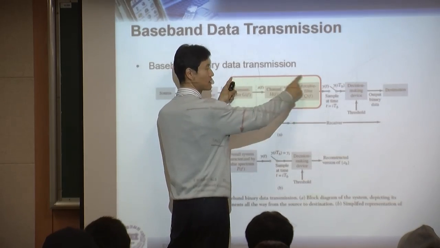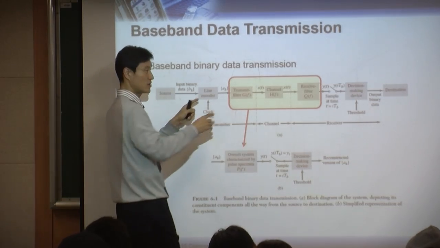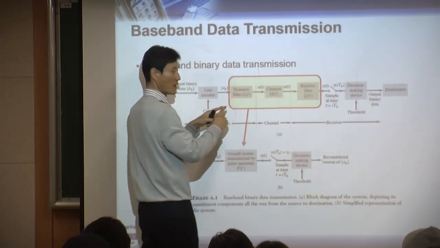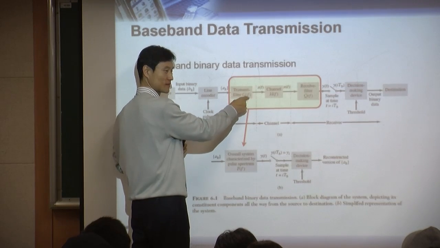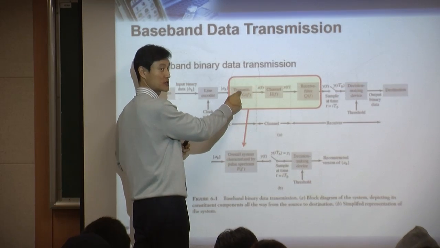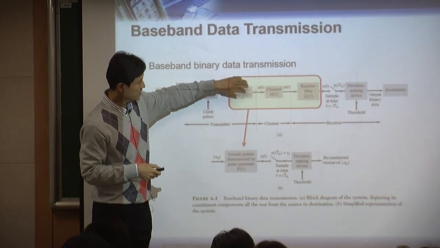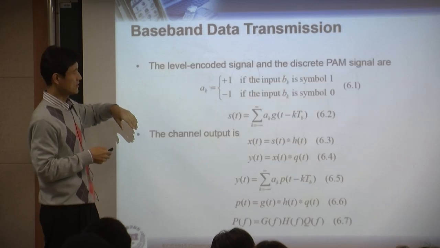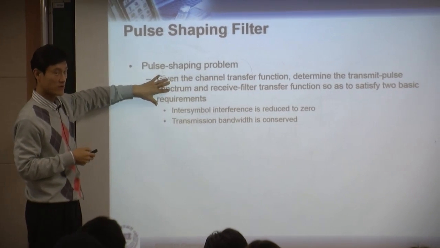That's why we want to make this whole thing to be a Nyquist channel. Okay? So Nyquist channel is about this whole thing. Pulse shaping filter is for this one. Okay? This is a pulse shaping filter, transmit filter. Okay? So pulse shaping filter is here, and this is pulse shaping filter.